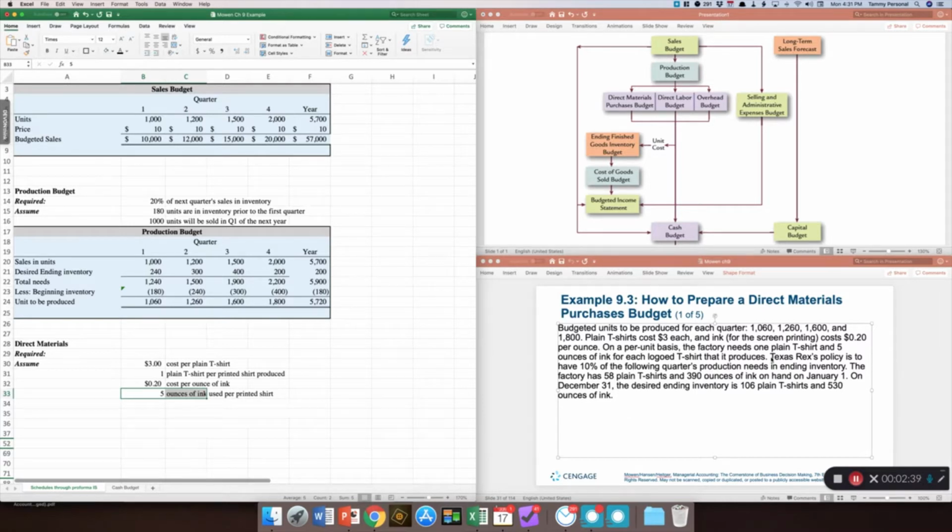Okay? It is our policy to have 10% of the following quarter's production needs in our inventory as ending inventory.